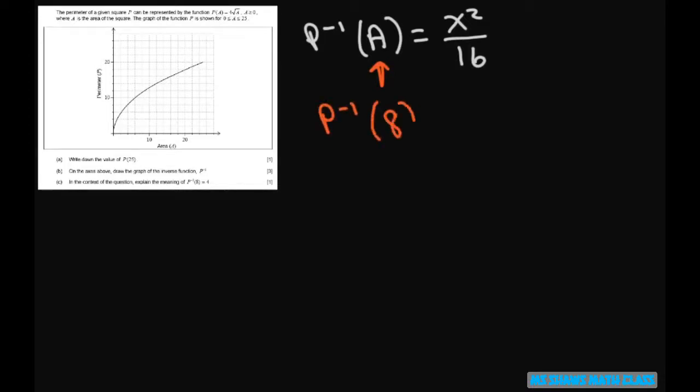You could also use our inverse we got earlier, where P inverse of x equals x squared divided by 16. So plug in 8 here. P inverse of 8 equals 8 squared divided by 16, which is 64 divided by 16, and that equals 4.